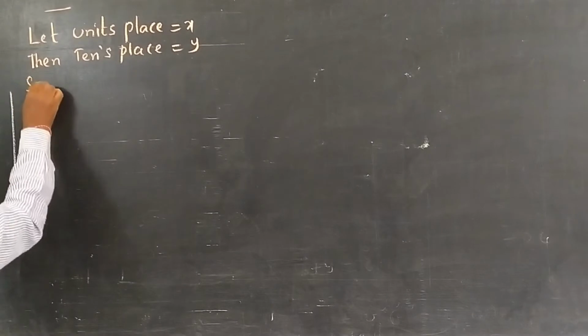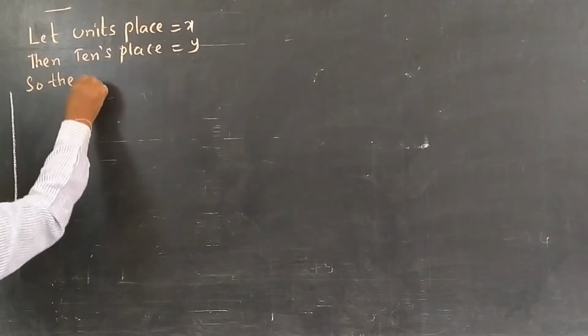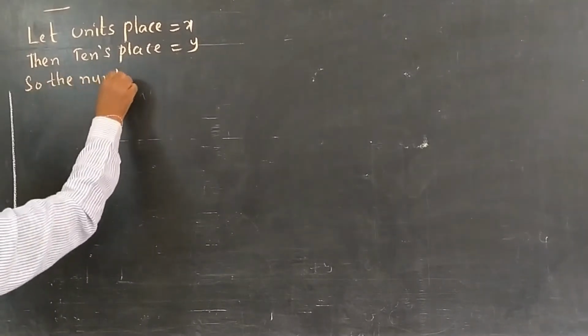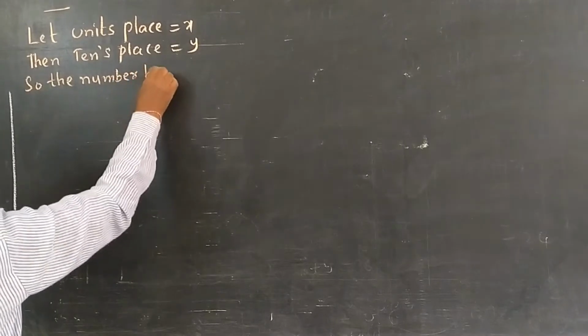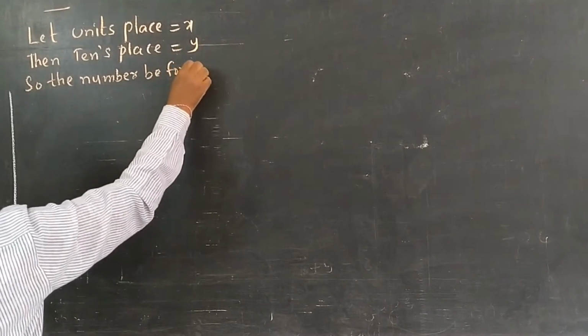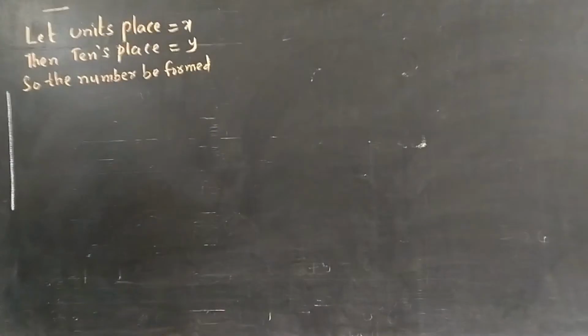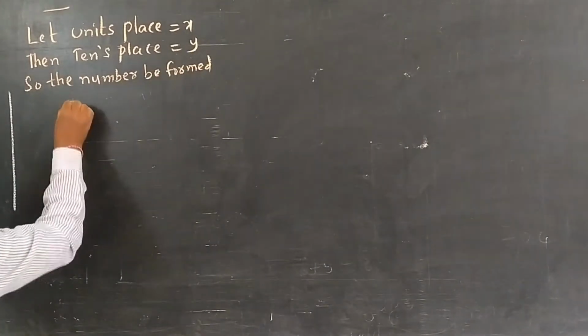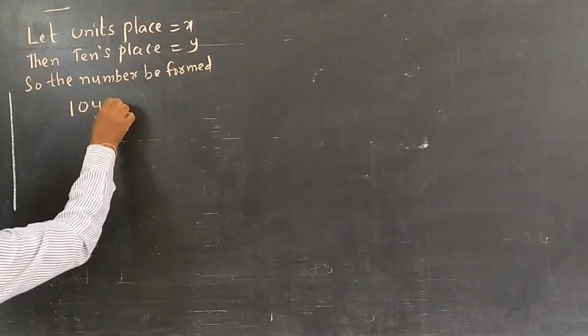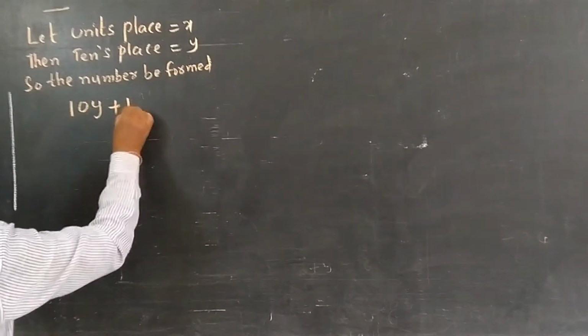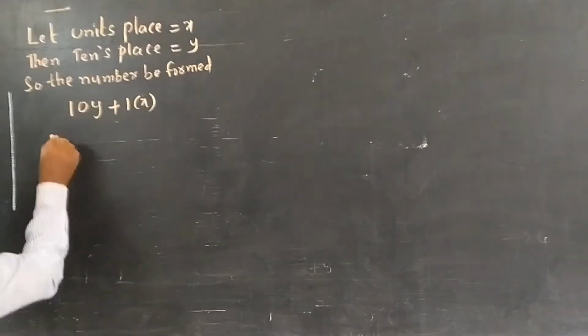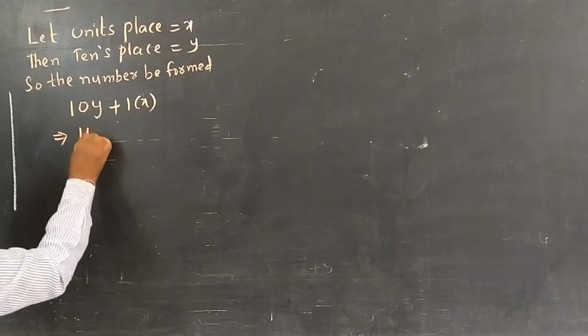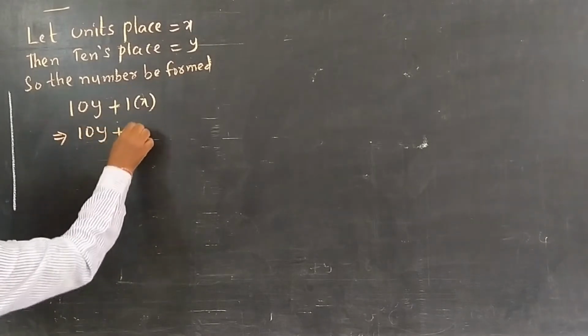So how to form the number? Just now we did: tens place is y means 10y, plus ones place is x, that is 1x. So your number is 10y plus x.